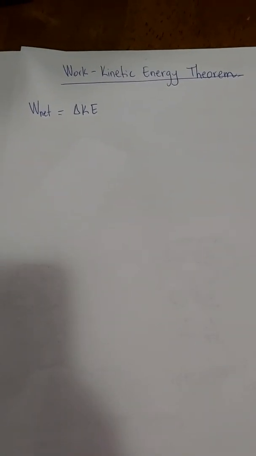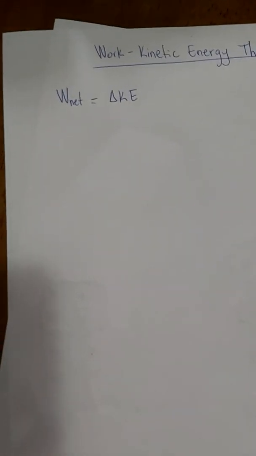In practice C, we're going to be talking about the work-kinetic energy theorem. The work-kinetic energy theorem states that net work equals the change in the kinetic energy. Okay? Remember that the change in the kinetic energy is equal to final kinetic energy minus initial kinetic energy.